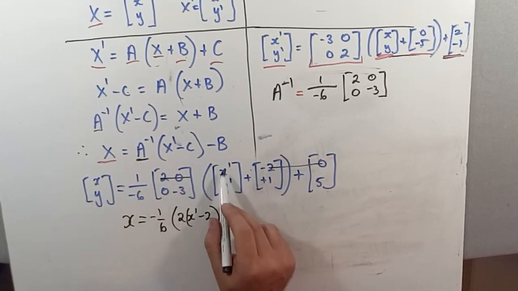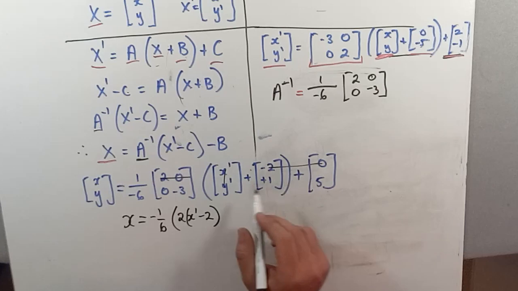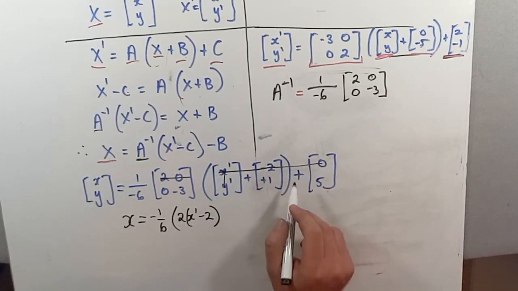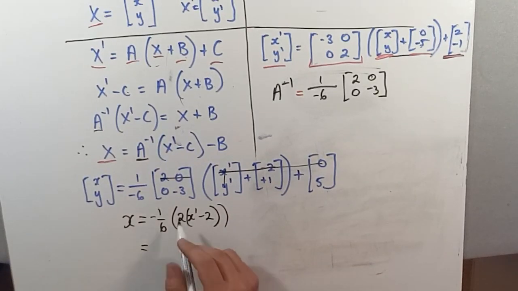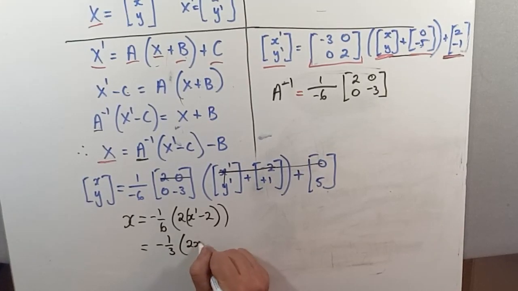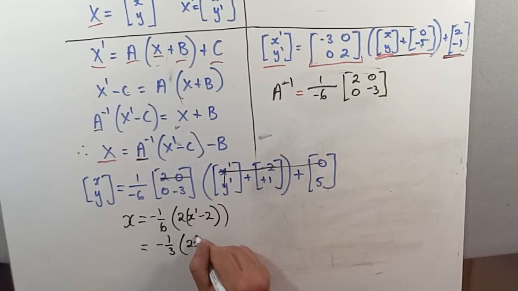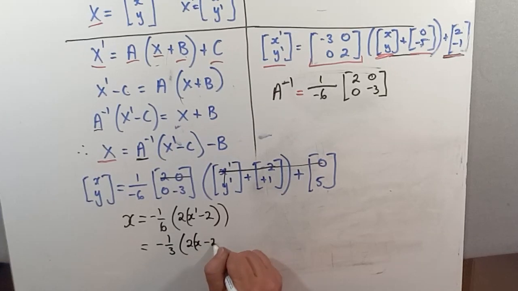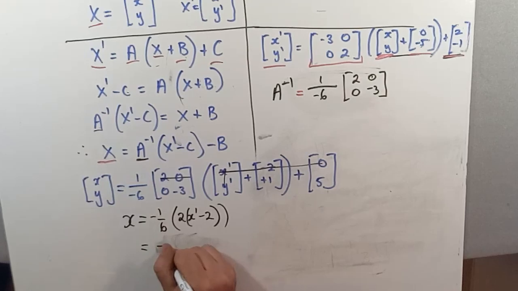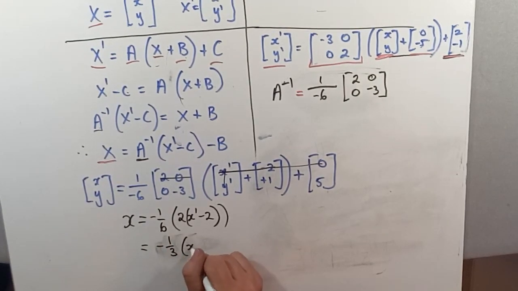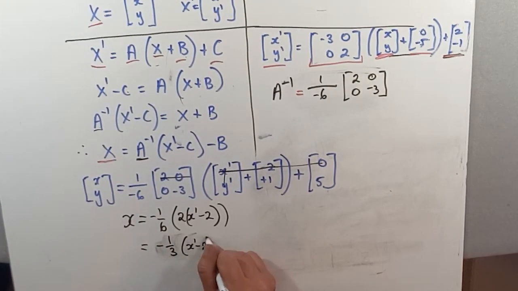So 2 of x prime minus 2, and then plus 0. I don't need to put the 2 back in, that's why I made it a third. So -1/3 of x prime minus 2.